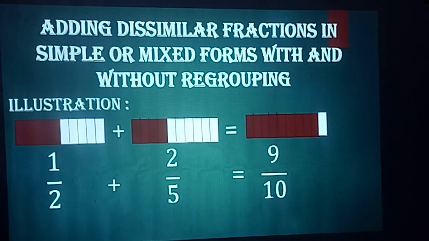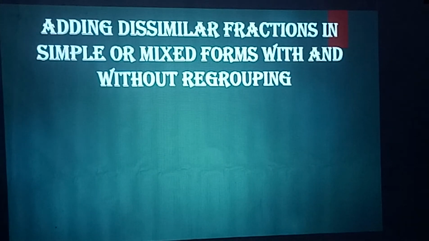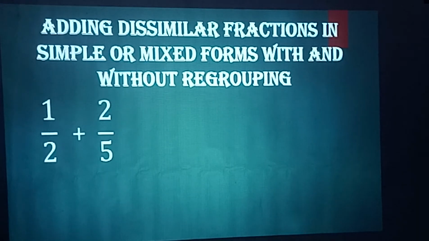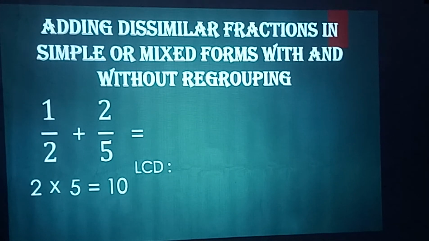Okay, now let me show that by numbers rather, not in figure, for you to make a clear idea on how 1/2 plus 2/5 becomes 9/10. So again, 1/2 plus 2/5 is equals to, let me get first the LCD. So this time, I can multiply the denominator as 2 times 5, which is equals to 10.